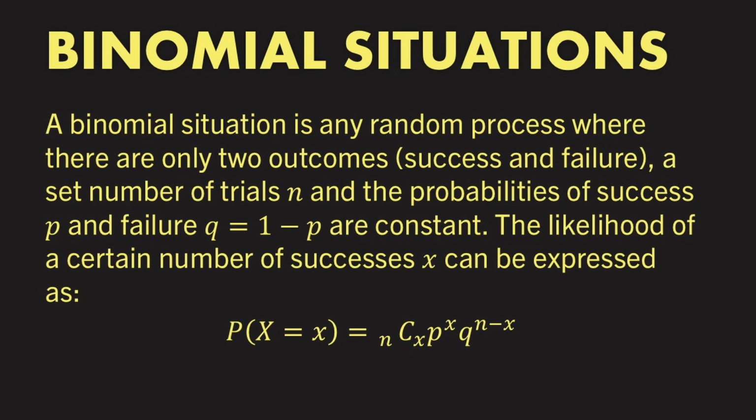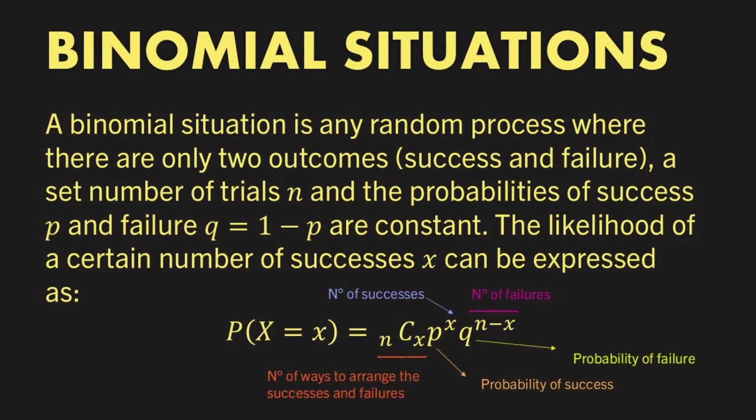The probability of a variable x taking a certain value is going to be combinations of the number of trials this is happening, choose the number of successes we are expecting, times the probability of success to the power of the number of successes, times the probability of failure to the power of the number of failures we are expecting. And that is the total number of trials minus the number of successes.